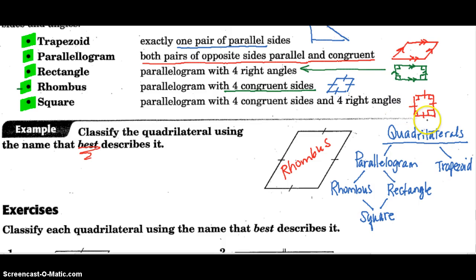So all of these are quadrilaterals. A trapezoid is in a classification all of its own. A parallelogram has different types of parallelograms within that classification. So remember, if I asked you, is a rectangle a square? You'd say no, because you don't know if the sides are equal. But if I ask you, is a square a rectangle?